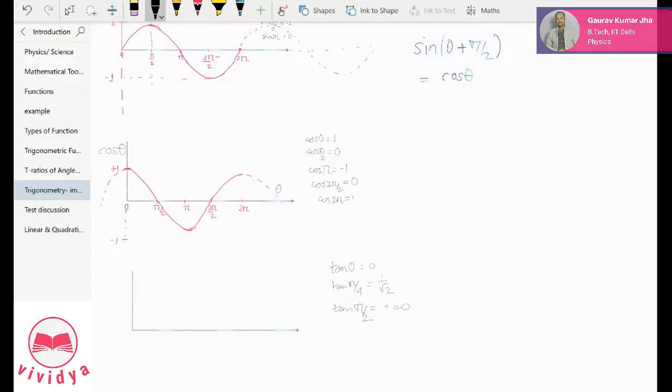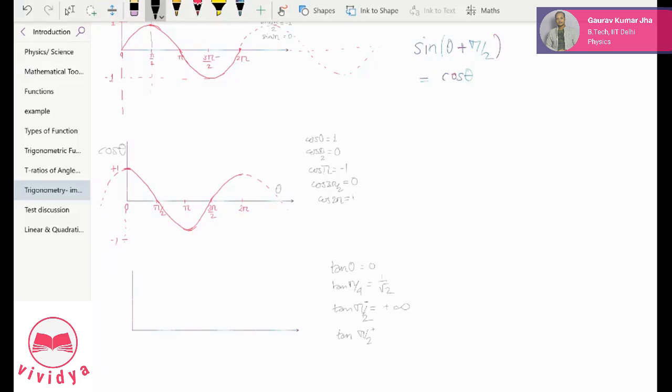All right, what else do we know? How about next? This is something different. So pi by 2 little minus, and I'll write tan pi by 2 little plus. If the angle is approaching pi by 2, this will be a little new for all of you, but you will understand in a moment. If the angle is a little less than pi by 2, the value is plus infinity.